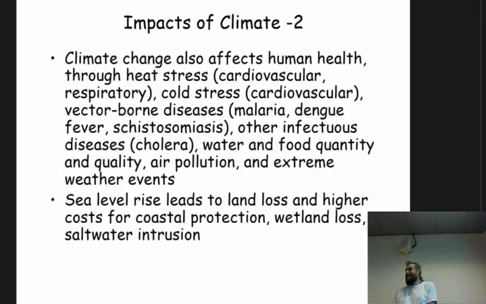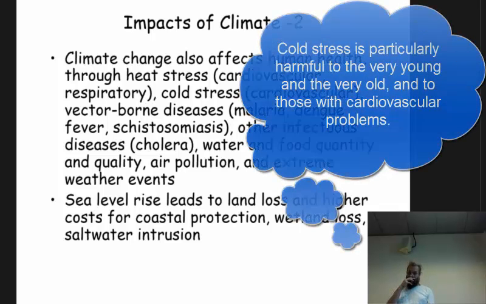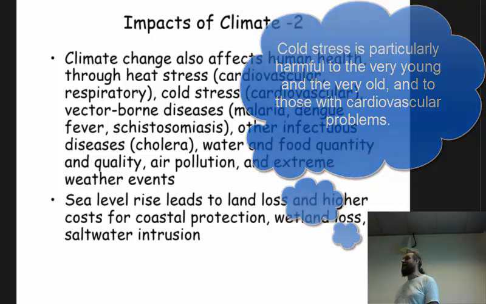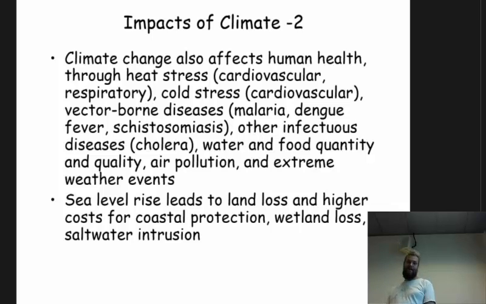We need to keep our body at a constant temperature. So if you throw us into a very cold environment, we're in trouble too. Most of us can cope, but cold puts stress on the body as well. Particularly people with pre-existing cardiovascular problems may not be able to cope with this.